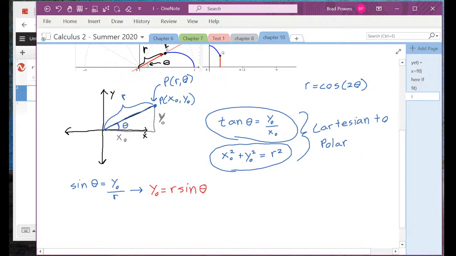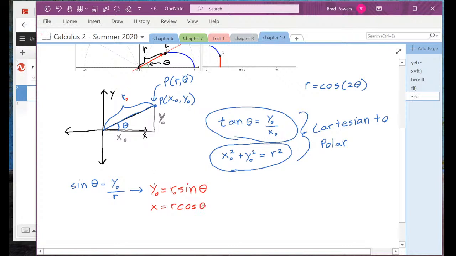I'm talking about a particular point here, maybe I should be using r naught, but for any function with x and y's, this would work. Similarly, for cosine, x is going to equal r cosine of theta.